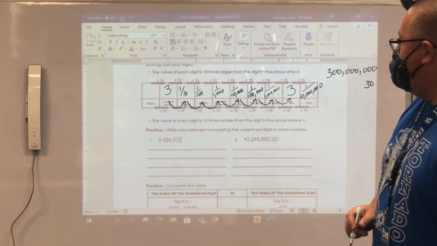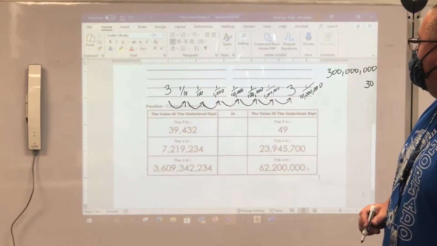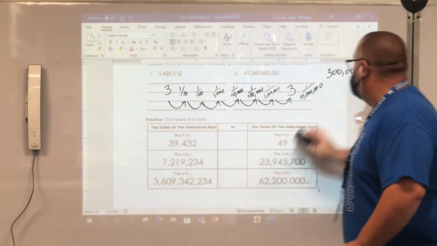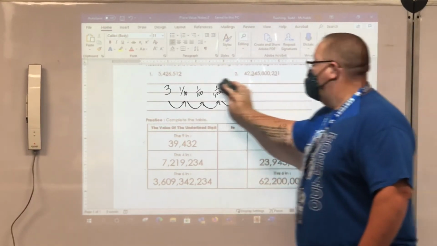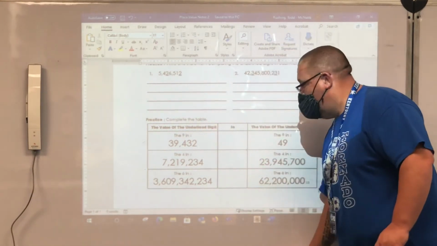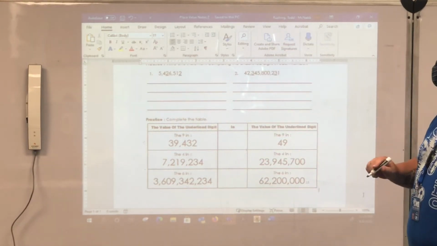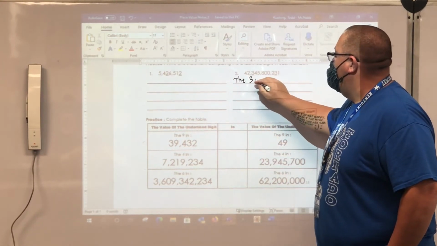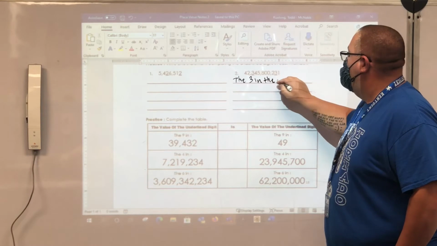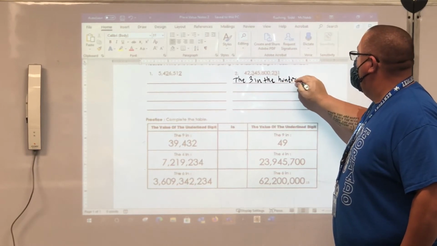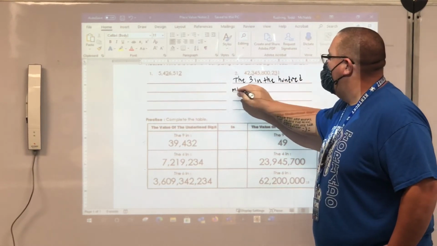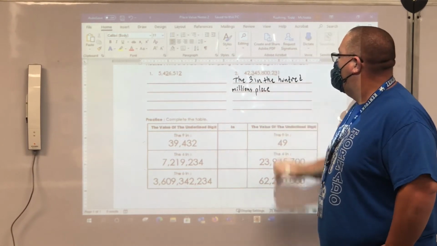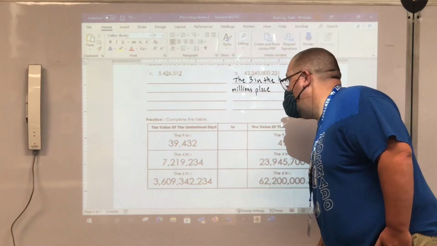So if we're going to write our statement, we're going to come down here. I have to erase this stuff to get us back here. So what we're going to say is that the 3 in the 100 millions place, actually take that back, I'm going to change that.